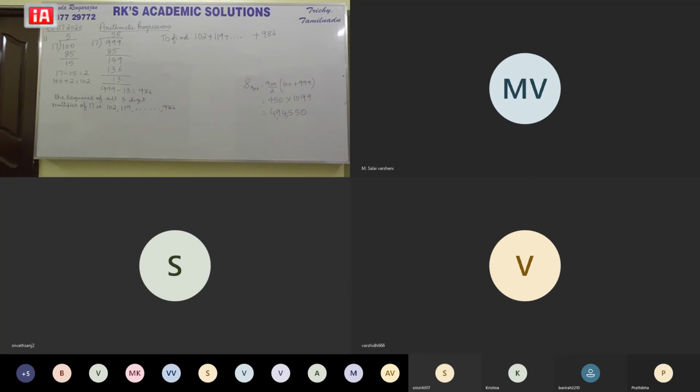When you know 102 is the first, just add 17 to get the next number. You can add 17 to the previous number to get the next. So we have the sequence 102, 119, so on up to 986.